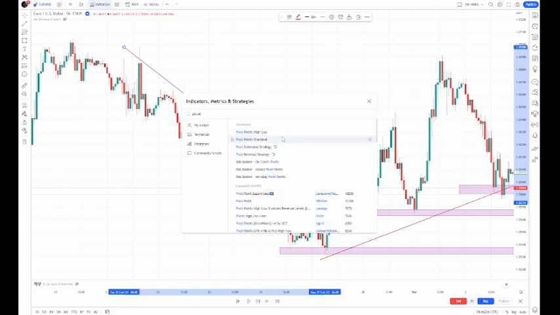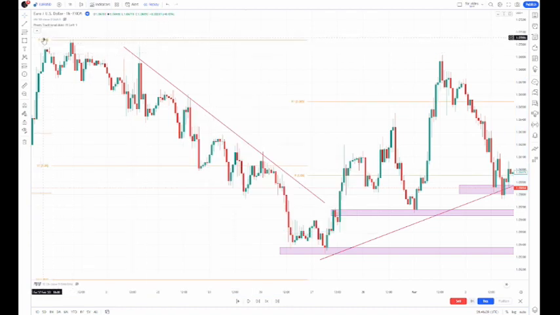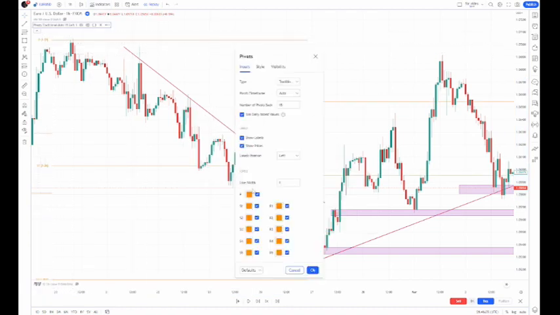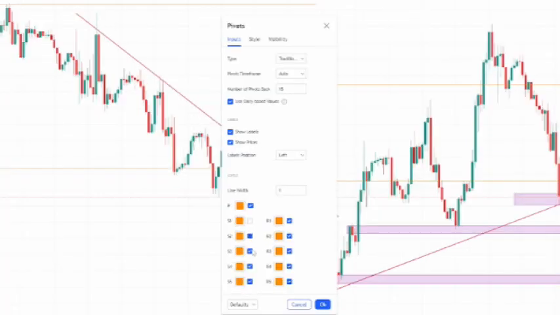In the pivot point, we are picking pivot point standard. And next thing you need to do is go to settings and uncheck all of them. You're only left with P, which is the pivot point I'm talking about.